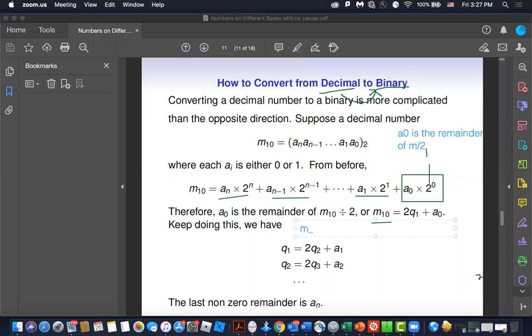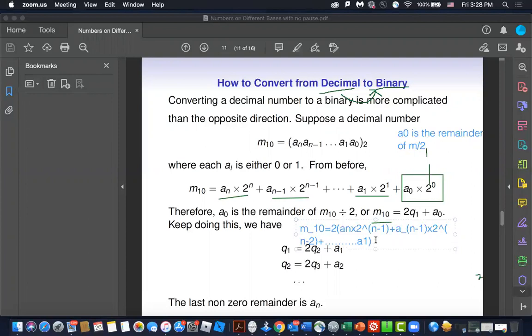we can factor 2 out for sure. Then this is a sub n times 2 to the n minus 1, plus a sub n minus 1 times 2 to the n minus 2, and we can keep going until we touch a sub 1 inside the parentheses.